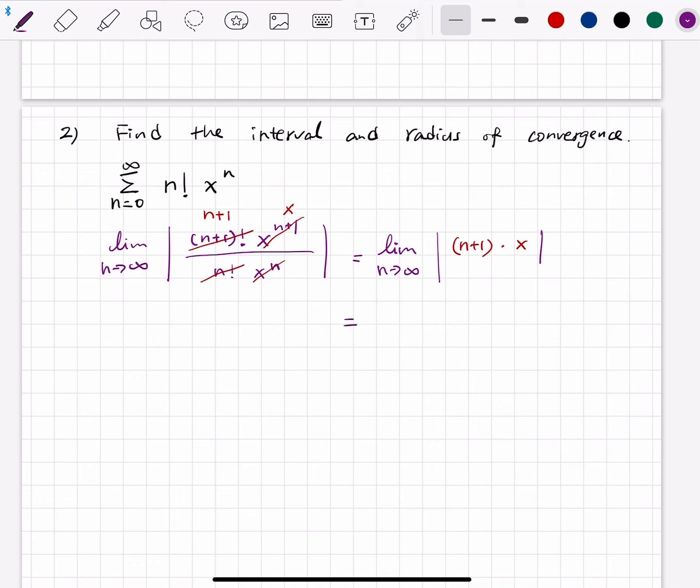Since we're talking about n, we can put x out and just look at the limit as n goes to infinity of n plus 1, which is infinity. So the absolute value of x times infinity is going to be infinity.